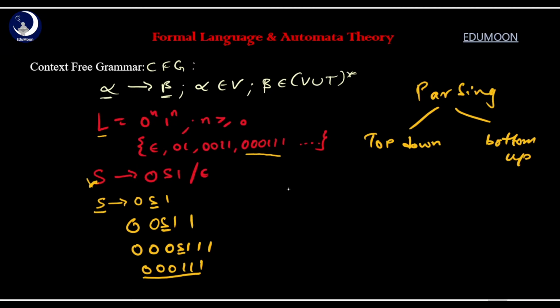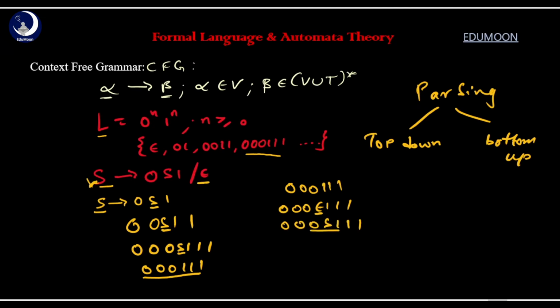If it is a bottom up approach, generally we start with the string. We can write the string as 0 0 0 epsilon 1 1 1, because epsilon is an empty string. I can replace this epsilon with S using the production rule S tends to epsilon. So I can write it as 0 0 0 S 1 1 1.